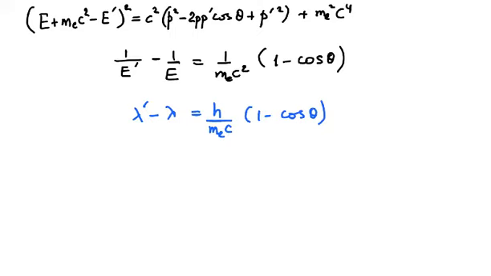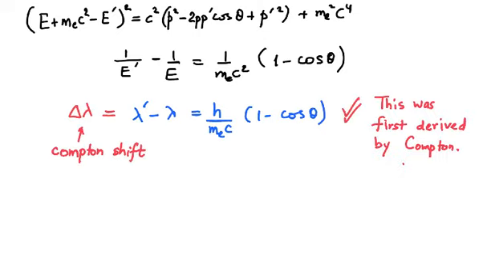Now this equation is very important. Here lambda prime is the wavelength of the scattered photon and lambda is the initial wavelength of the incident photon. Therefore, I can write lambda prime minus lambda as delta lambda, which is the Compton shift. This was first derived by Compton.